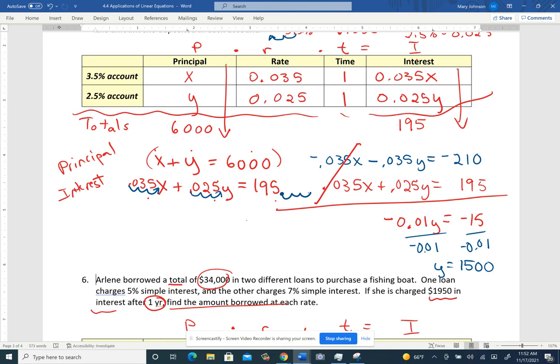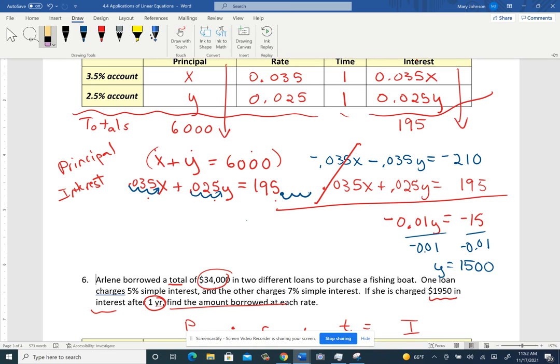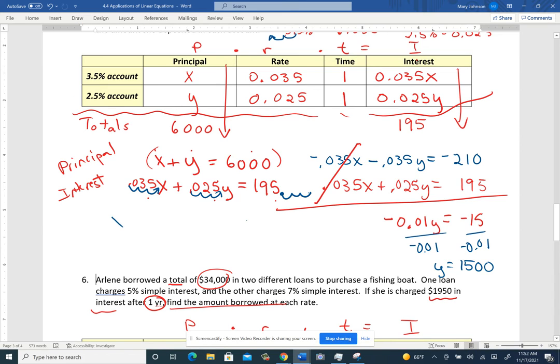Okay, but now we've got to finish the problem. What we know is that y is 1,500. So we have to take one of the two equations. Clearly, the top one is the easier of the two. Right where y is, I'm going to put 1,500, and work that out. So I'm going to subtract 1,500 from 6,000.